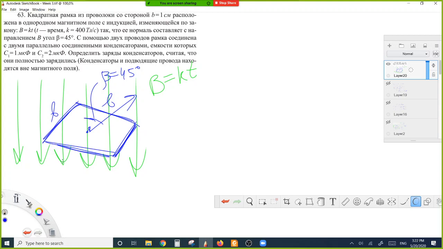We have again two wires going from the loop, and these two wires are connected to the capacitors C1 and C2, so that C1 and C2 are connected in parallel. This is the first capacitor, and this is the second capacitor. This is C1.